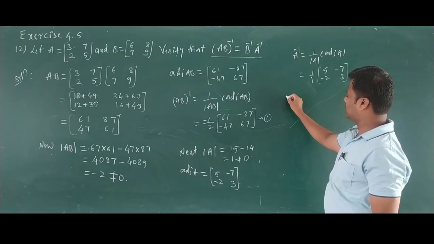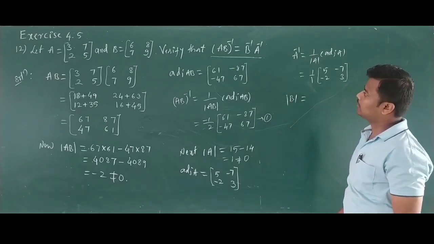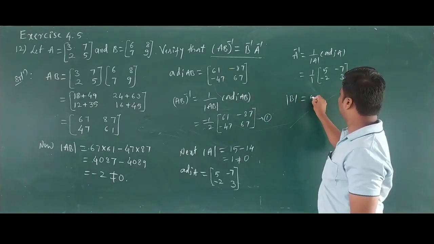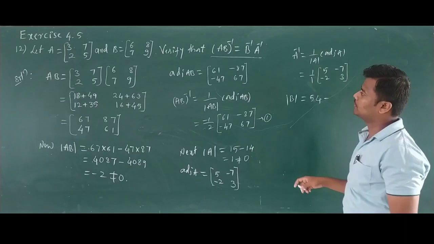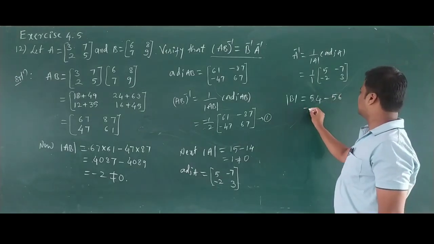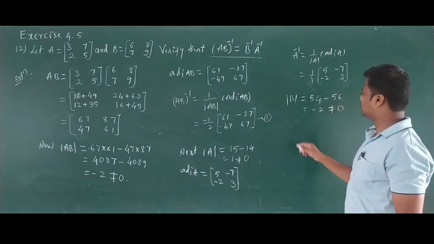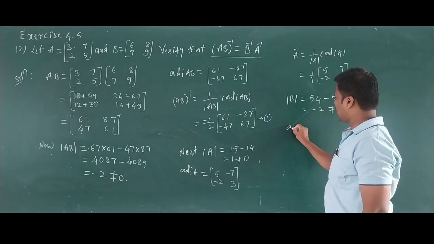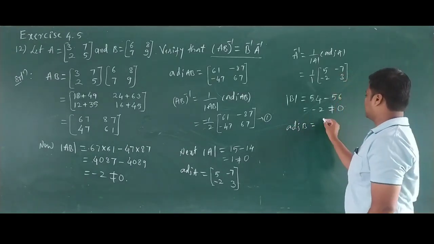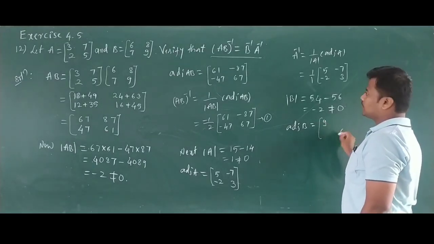Next find B inverse. First again, determinant of B. Determinant of B is 6 into 9, 54 minus 56. This is minus 2, which is not equal to 0. Next, adjoint of B. Interchange diagonals 9, 6.